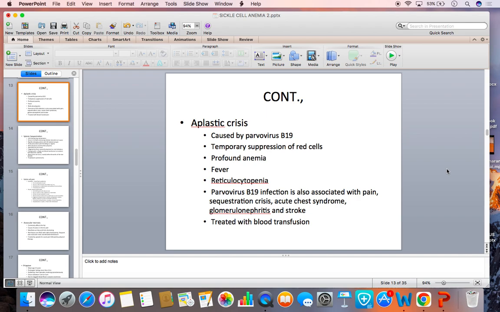So when the patient presents with fever and sudden drop in the Hb levels, and there is reticulocytopenia, you think of it as aplastic crisis, but also look for sequestration crisis, acute chest syndrome, glomerulonephritis, and also watch for stroke.